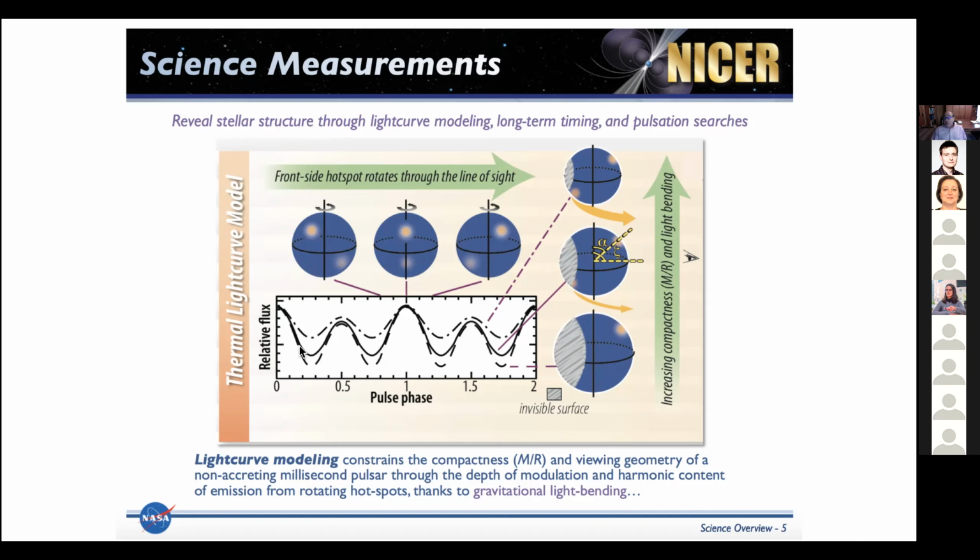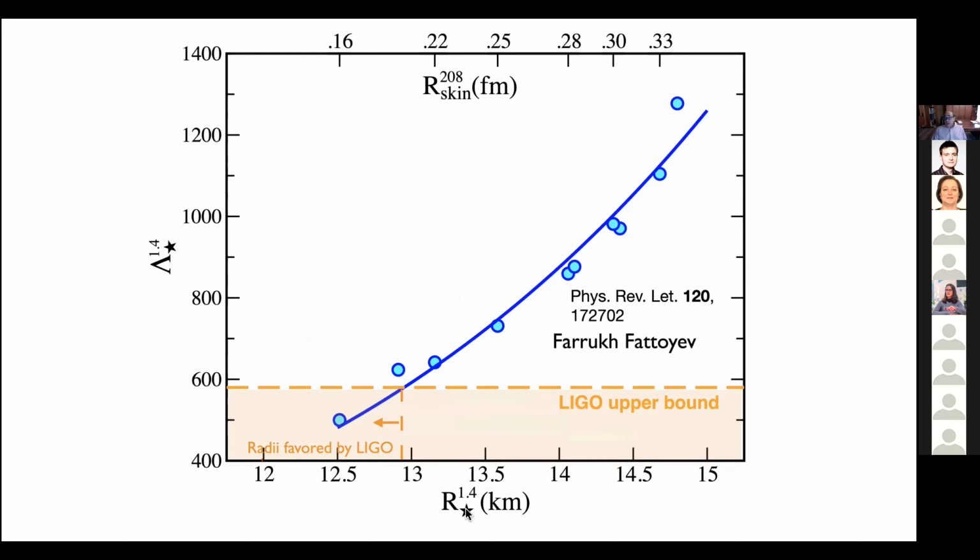Okay, so let me plot the deformability of a neutron star. So this is what's measured by LIGO. This is the deformability for a 1.4 solar mass neutron star. Here's the radius in kilometers of a 1.4 solar mass neutron star. And then finally up here is the neutron skin in lead. So it's the neutron radius minus the proton radius in fermis.